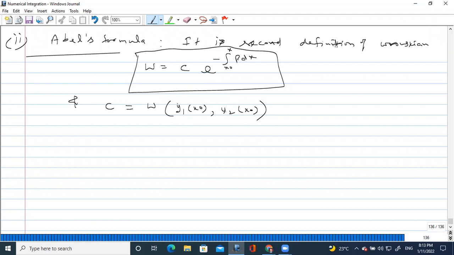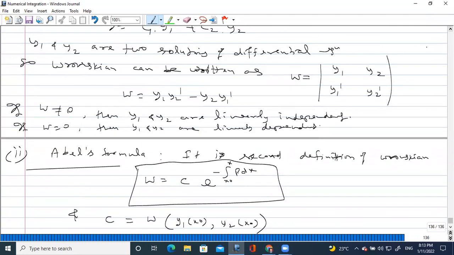Here also we are not leaving y1 and y2 completely. This C is equal to W at the initial point. C is a constant, and that value will be W at the initial point.